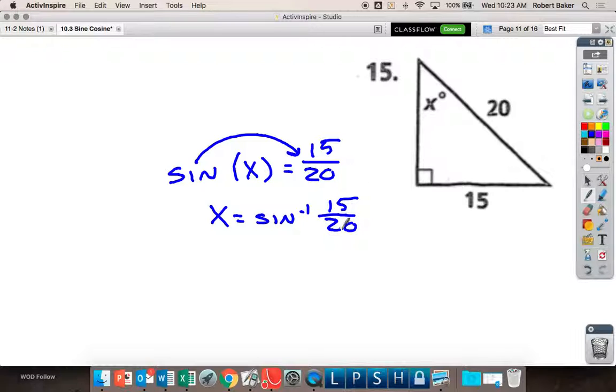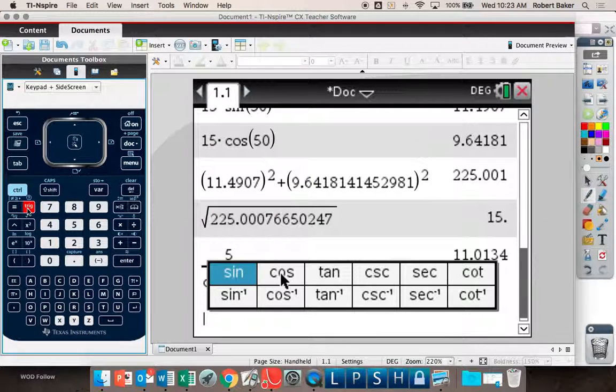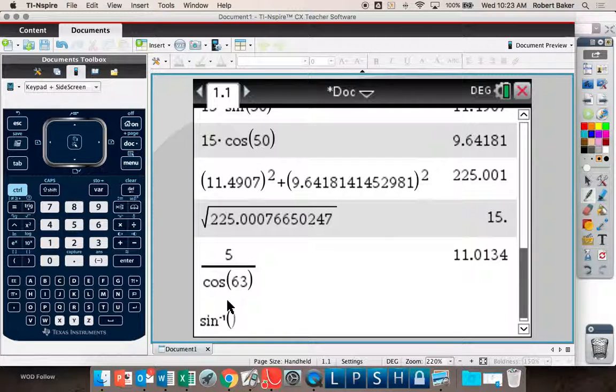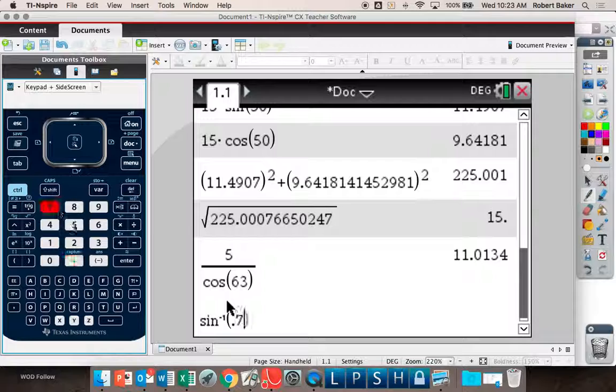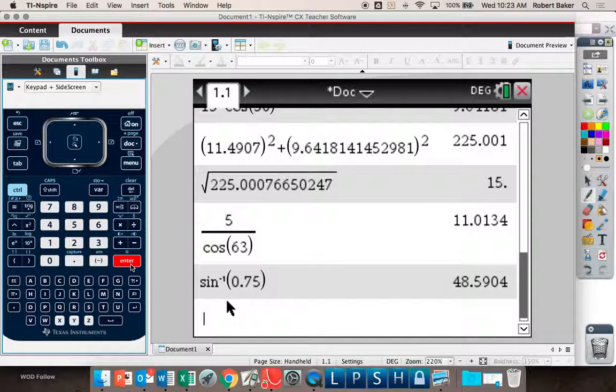So just to show you where it is, I'm sure you've already found it. We're going to do trig again, but we're going to pick inverse sine of 15 over 20. And you get 48.59 degrees.